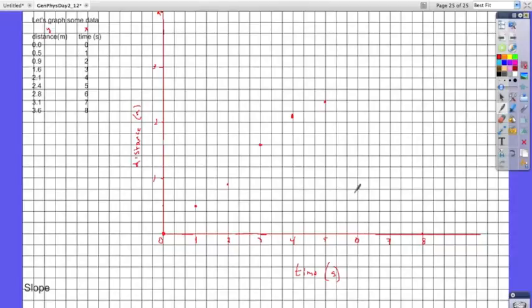At 6 seconds, 2.8. At 7 seconds, 3.1. And at 8 seconds, 3.6. So here's 8, 3.6. Okay, so notice that the data has a trend that's a straight line, but it's not exactly.